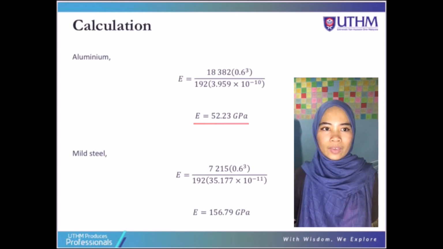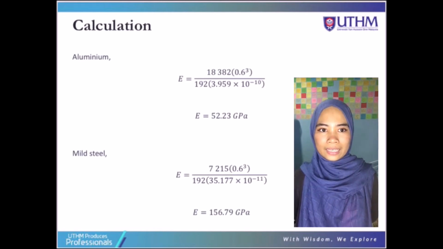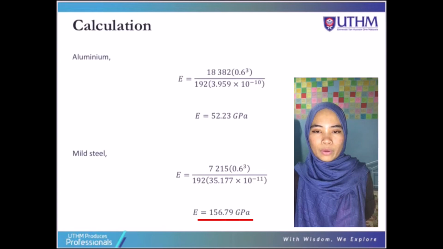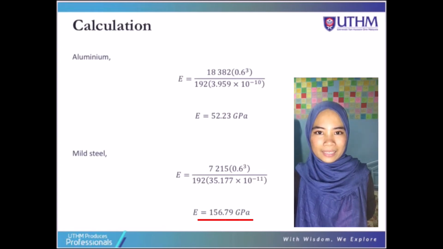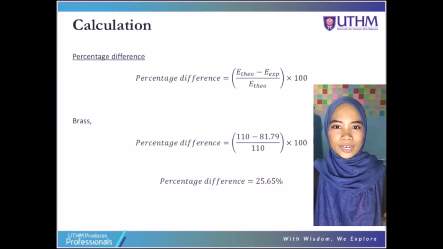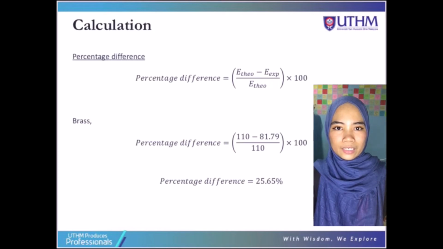And lastly, the value of Young's modulus of elasticity for mild steel is 156.79 gigapascal. And lastly, we are asked to calculate the percentage difference.